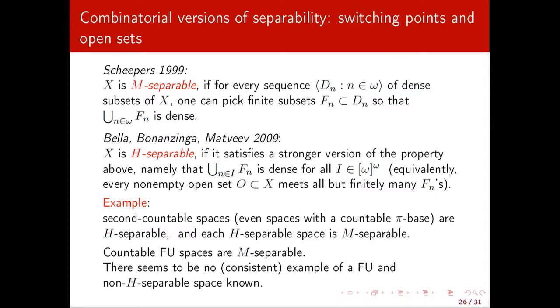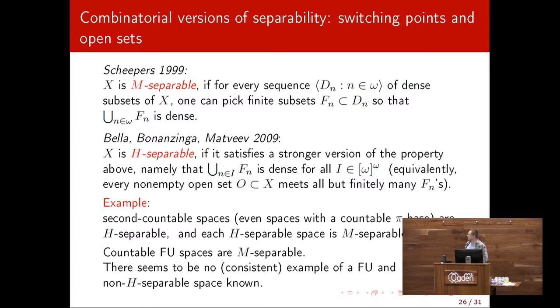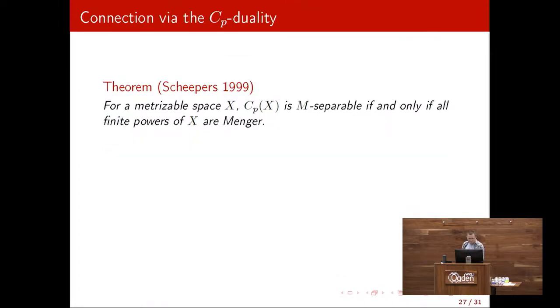So you may actually consider also these versions of separability. You may ask whether they are preserved by finite products. The same thing. You may ask whether they are preserved by unions, by going to some stronger topologies.